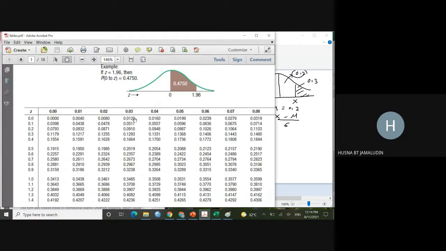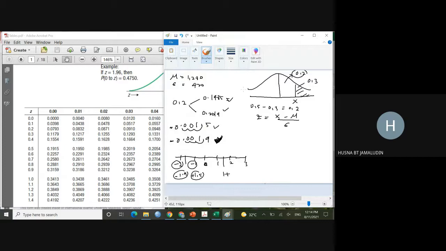So 0.53. So this is the z value for 0.2 area under the curve. So our z is 0.53. Since it is on the right side, your z value will be positive. If suddenly the question asks you about something on the left side, your z value will have a negative sign. In this case, it is positive.